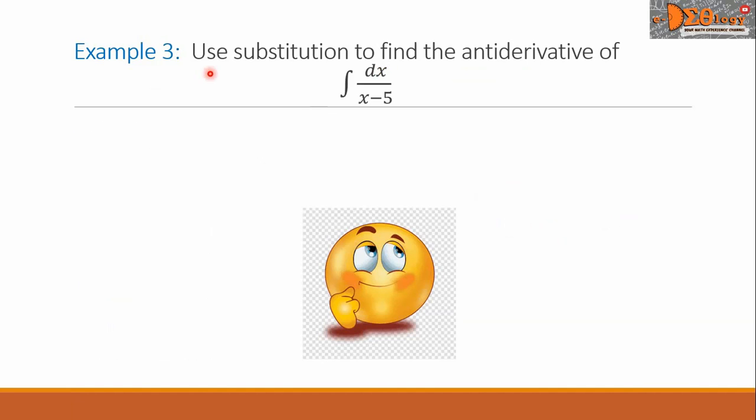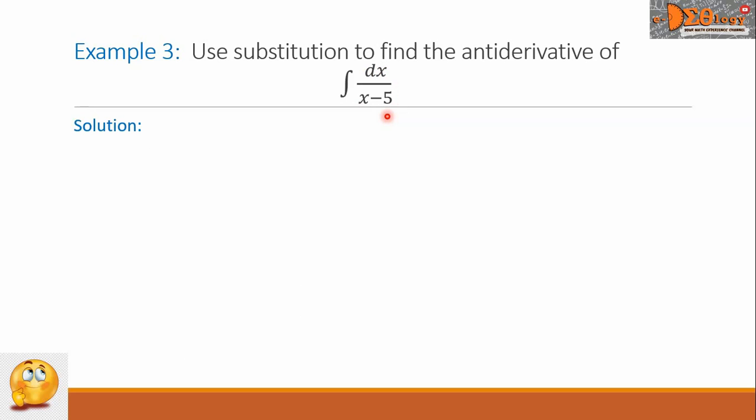Example 3. Use substitution to find the antiderivative of the integral dx over x minus 5. Step 1, let us select u, and this time we're going to select the denominator x minus 5.